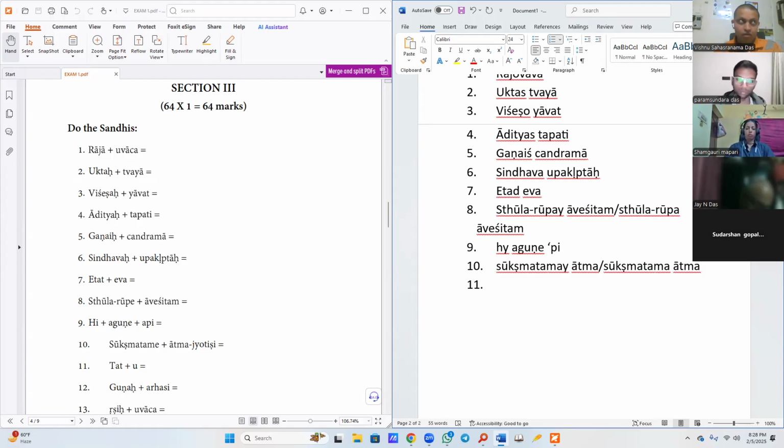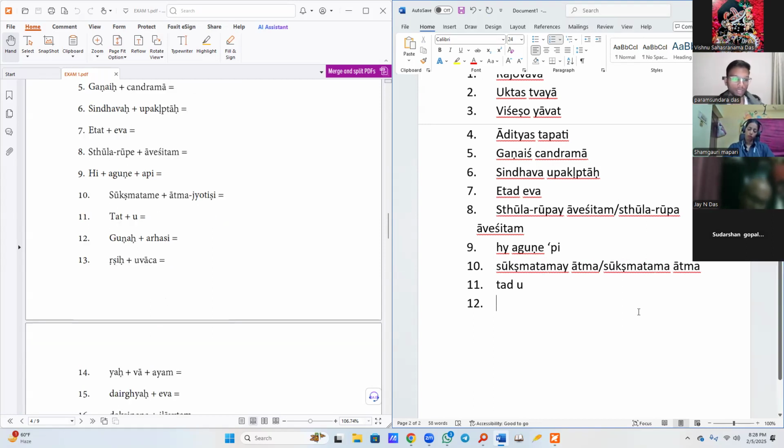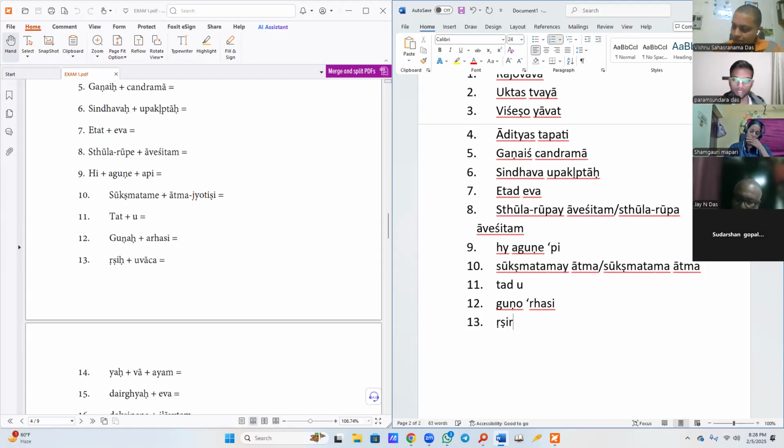Tat U becomes Tad U. Gunah Arhasi, 12th, becomes Guno Arhasi. Rishi Uvacha becomes Rishi.